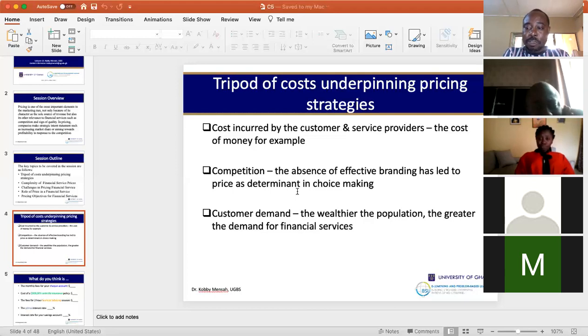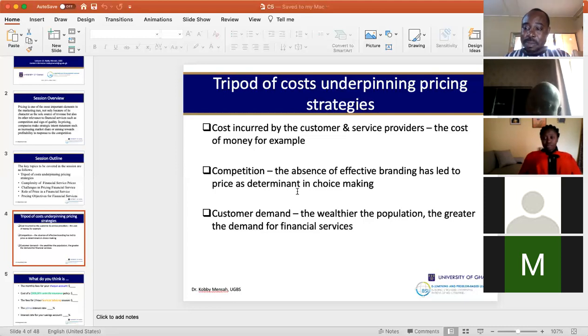You get it? So just like Bridget was talking about bundling, the majority of businesses, especially financial services, move into bundling as a result of responding to competition. So you are actually monitoring what the competition is doing. Is the competition pegging pricing at 100 Ghana cedis?